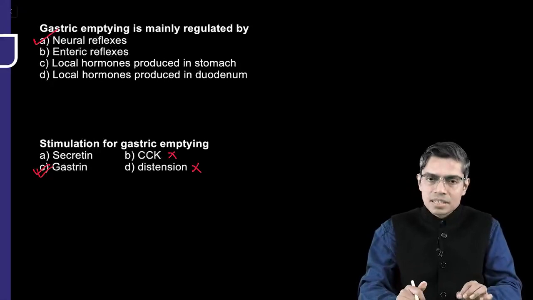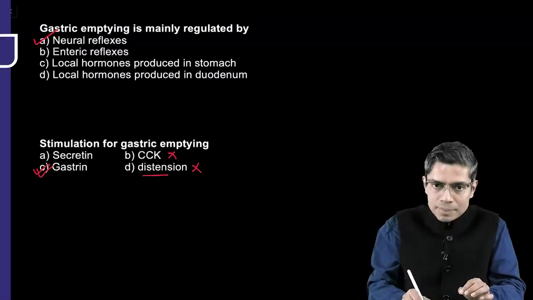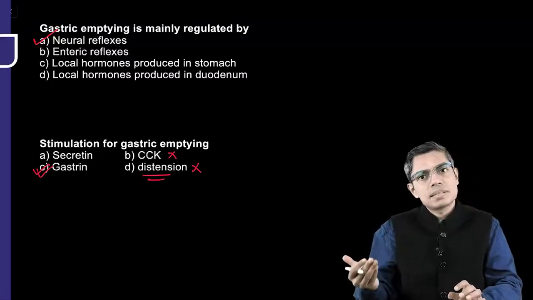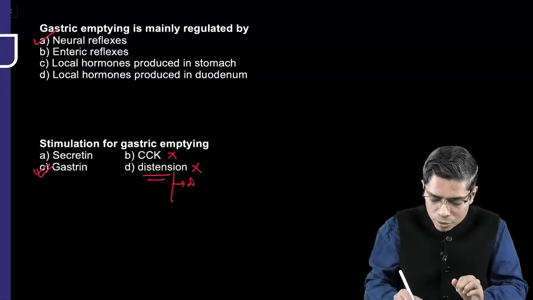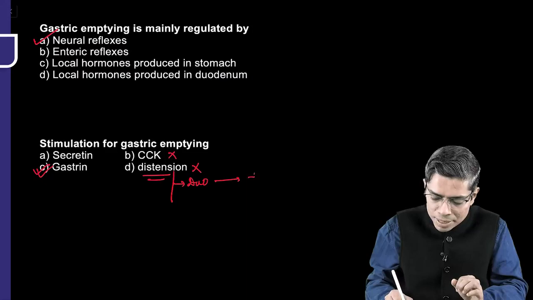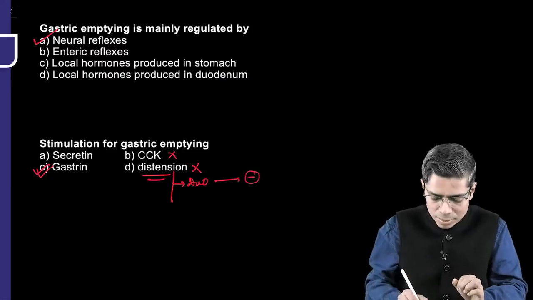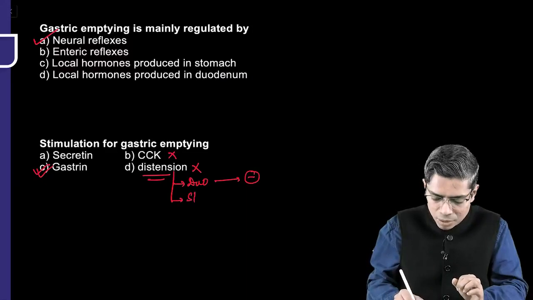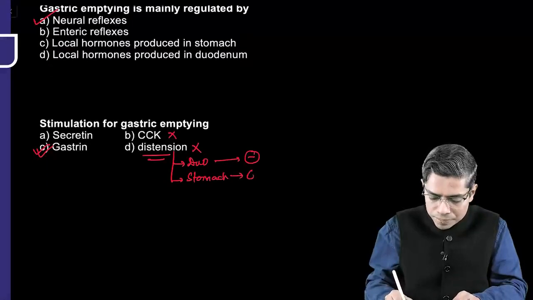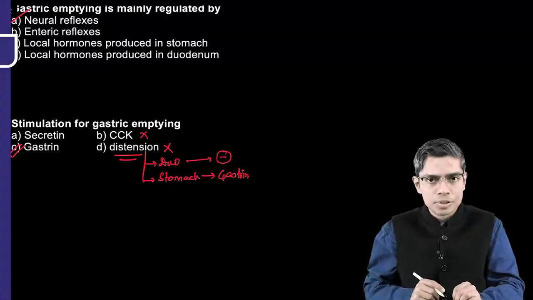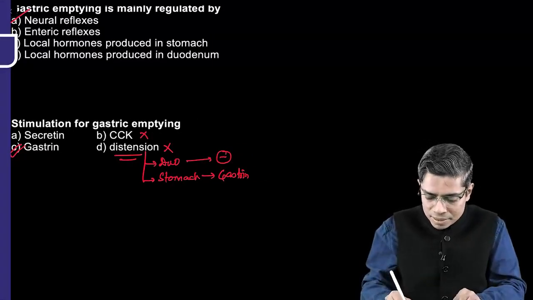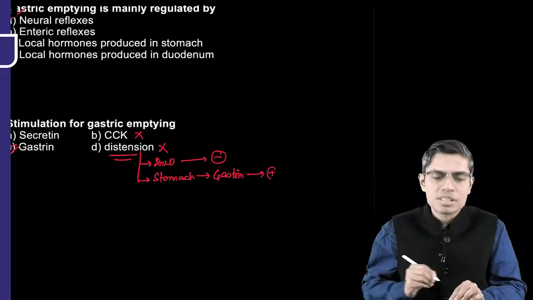So distension of the duodenum, if it is duodenum only, but if it is distension of the stomach, so distension of the duodenum will inhibit the pyloric sphincter, but distension of the stomach will secrete one hormone which is nothing but gastrin. This we'll discuss in the endocrine chapter, GI hormones, right? This gastrin is a stimulus for gastric emptying.